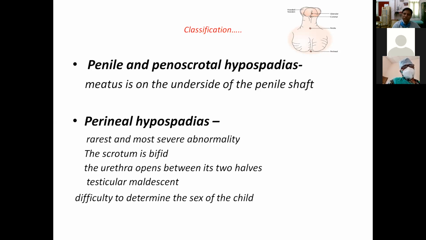So everything resembles the female part and the question of the sex of the child will come up. So you have to differentiate the sex of the child by other investigations, by demonstrating the Barr body, by chromosomal analysis, or other sophisticated investigations to determine the sex of the child.